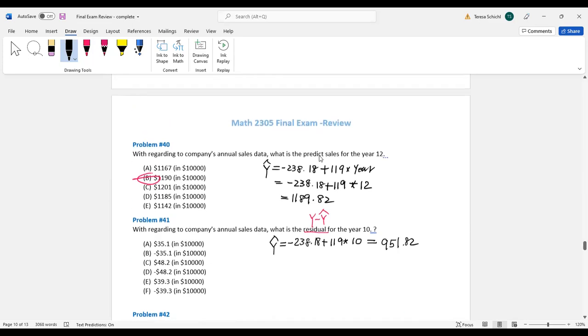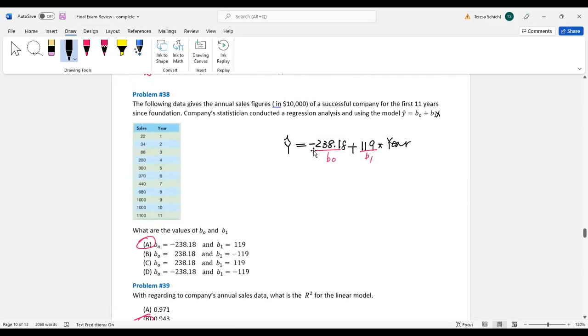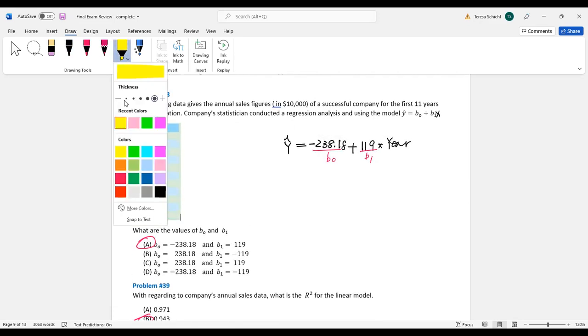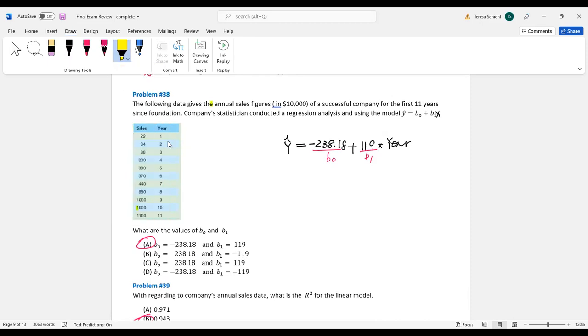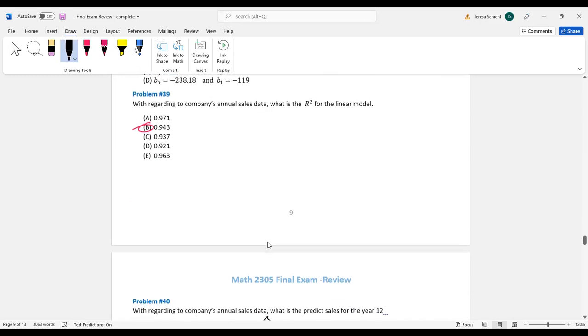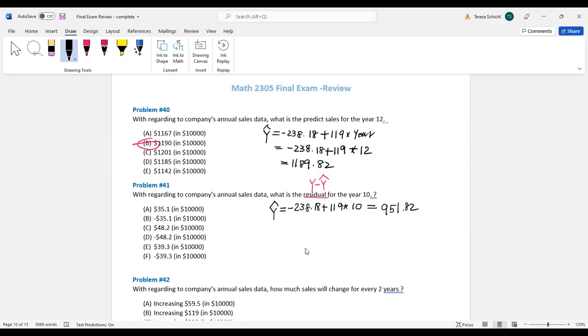So the residual is the observation, right? So observed. So you go to your data, say, hey, what is the year 10th, right? So you will see the year 10th is here, right? So year 10 you observed is 1000. Okay, so let's go back to here. So year 10, so the residuals here is y minus y hat.